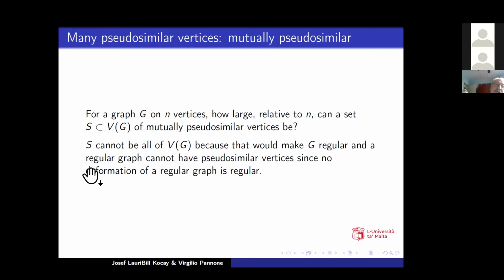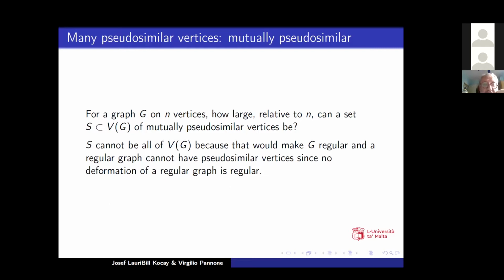Again, the sentence I highlighted earlier, because the deformation of a regular graph is regular. So the same reason as we had that H, a regular graph, is reconstructible.